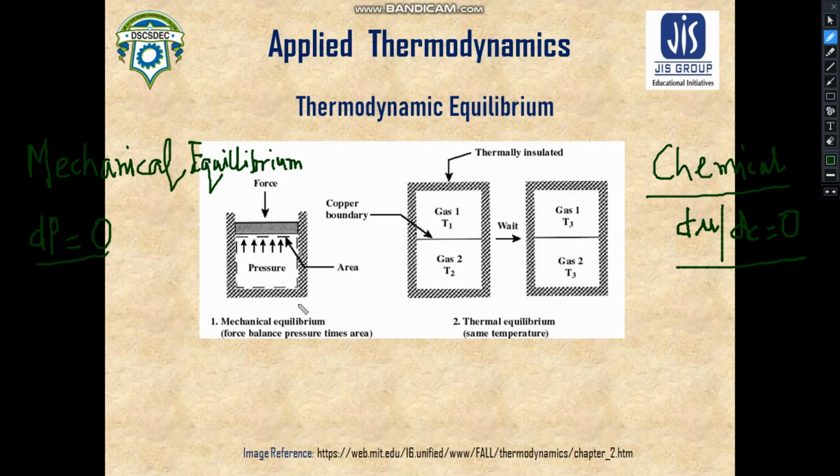So if we combine these three conditions, we can write dT equal to 0, dP equal to 0, and dc equal to 0. If these three equilibrium conditions are perfectly maintained, only then can we say the whole system is in thermodynamic equilibrium.